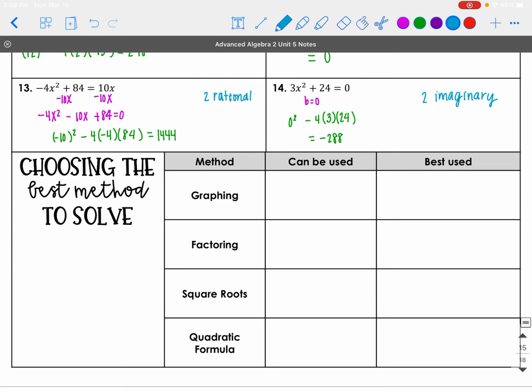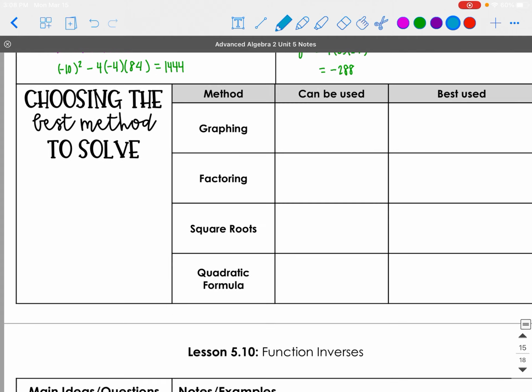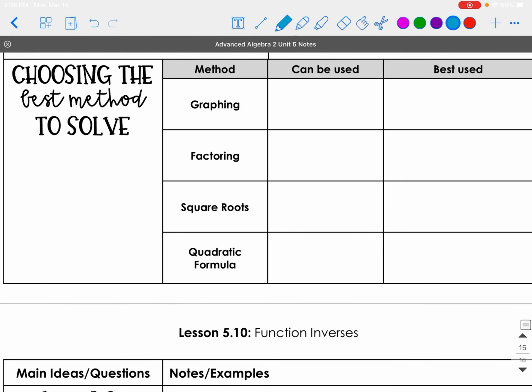All right. Now this next little bit, this is just something random. It doesn't have anything to do with the discriminant. But we've talked about several different ways to find solutions or to find x-intercepts. And I'm going to show you when you would use the certain methods. So for example, graphing method, this only works sometimes.